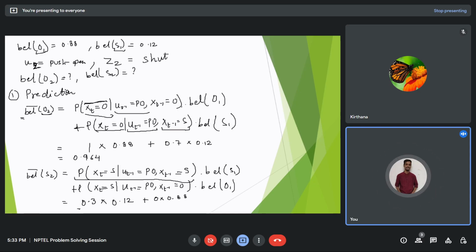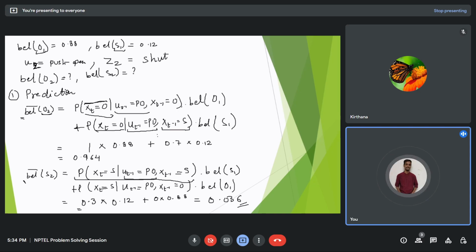So what will this come out to be? Let us write it here. So 0.3 times 0.12. Now this is 0.036, a very low chance that the door will be shut even after you have tried to push it open.